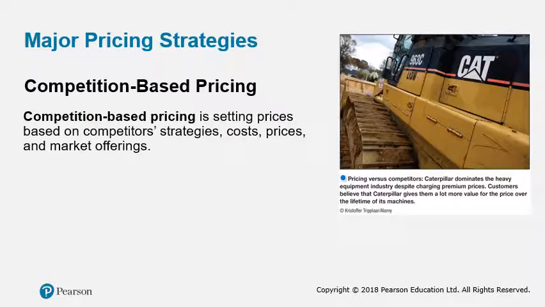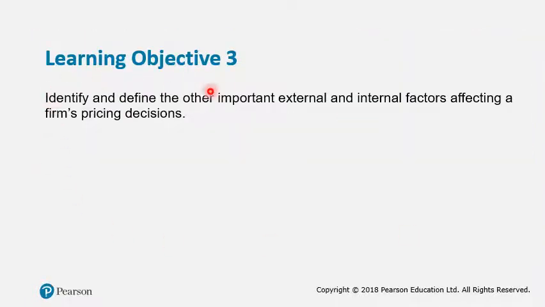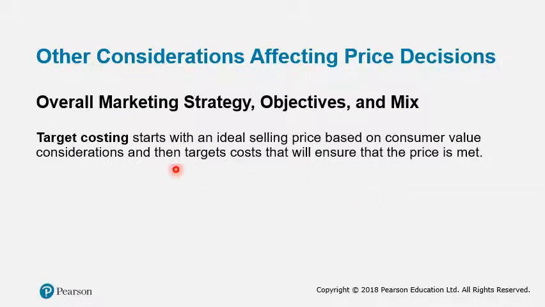Moving on to the third learning objective, which is the last part in this chapter: identifying and defining the other important external and internal factors affecting the firm's pricing decision. When you make a pricing decision, you might look at your overall marketing strategy or objectives, and also your marketing mix.